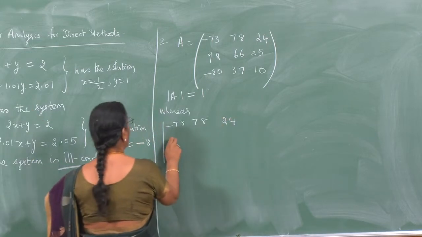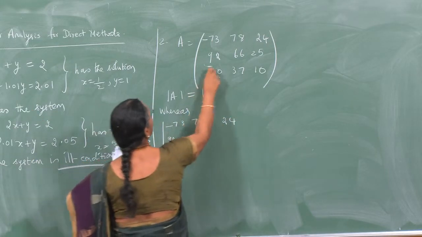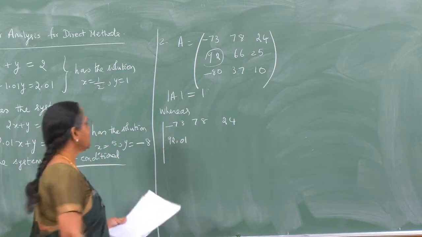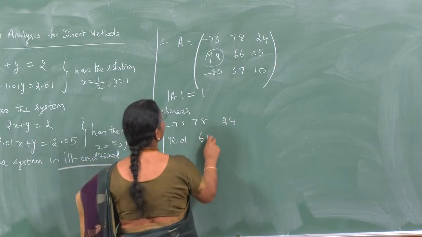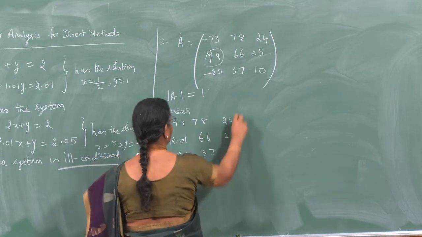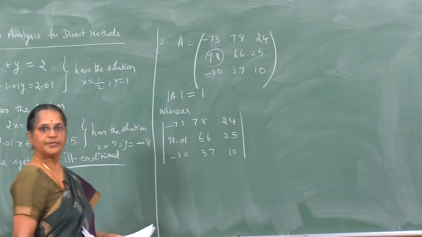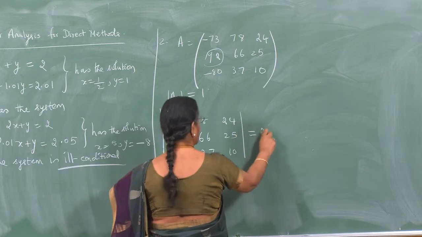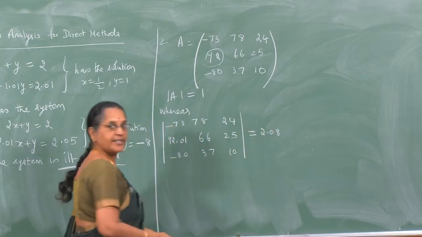There is a small change in this entry, say it is 92.01. The rest of the entries are as they are, there is no change. And if I compute the determinant of this, it turns out to be 2.08.